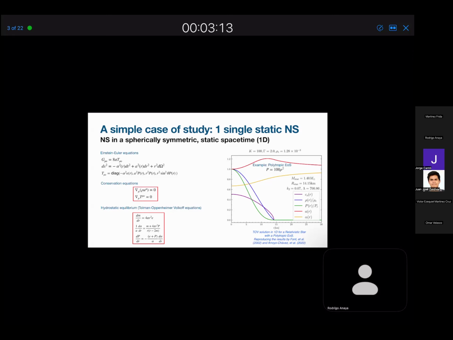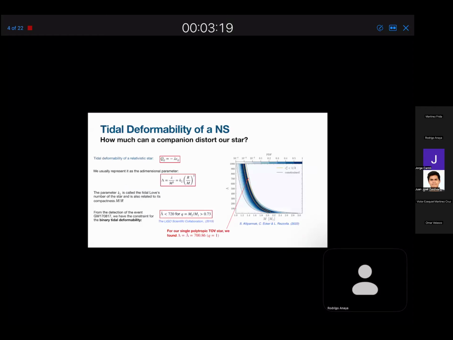We also integrate in each iteration to find a quantity known as the tidal deformability of a neutron star. We can regard this parameter, lambda, as how much we can distort our neutron star from the presence of a companion.